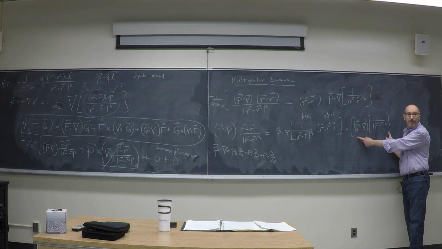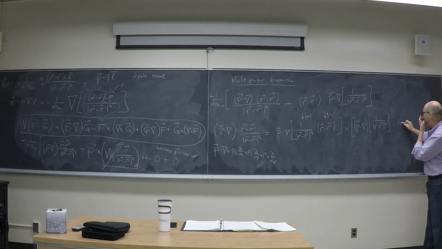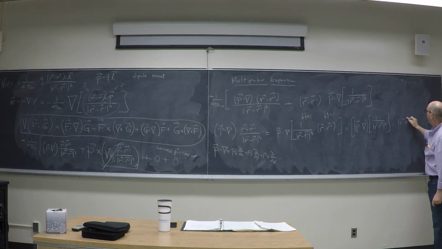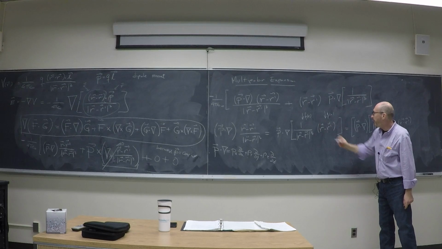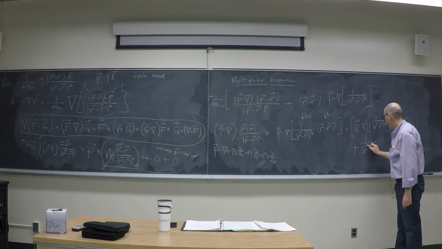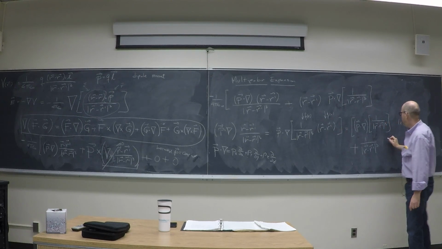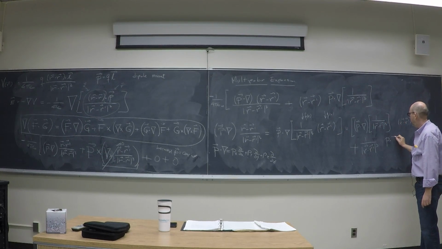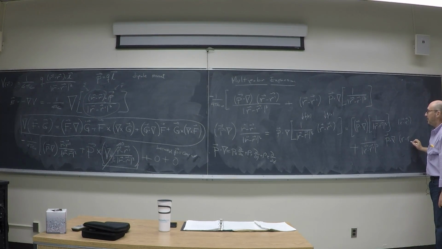So this is f prime times g, which is r minus r prime, plus f, which is 1 over |r minus r prime| cubed, times g prime, which is p dot del times r minus r prime.